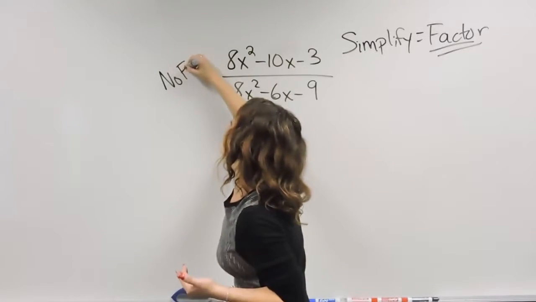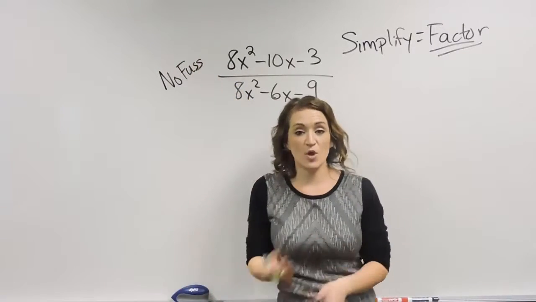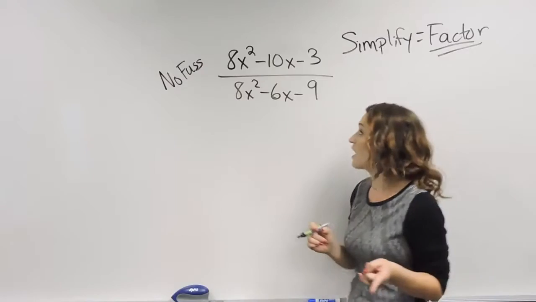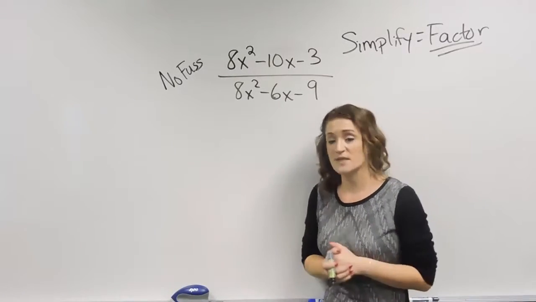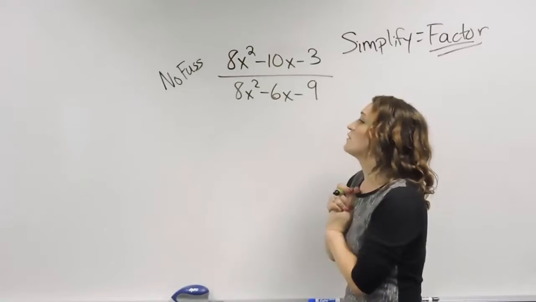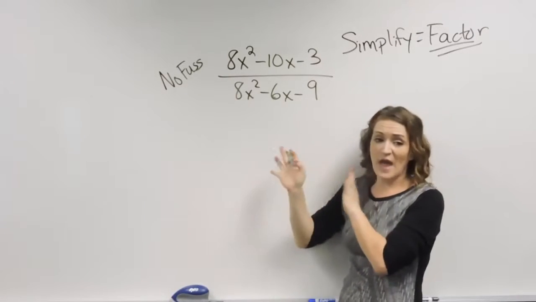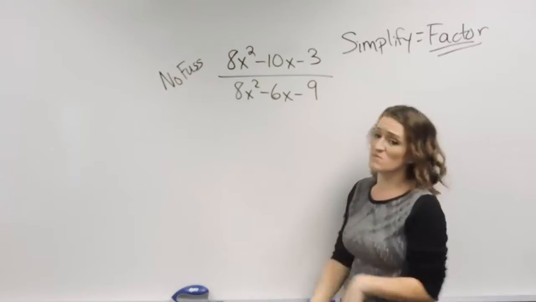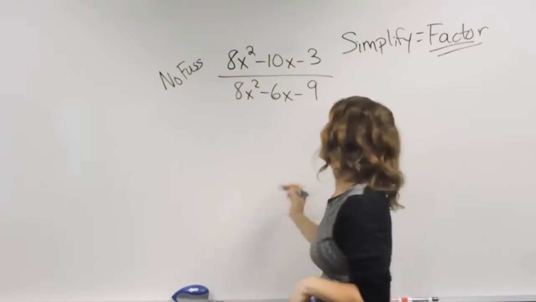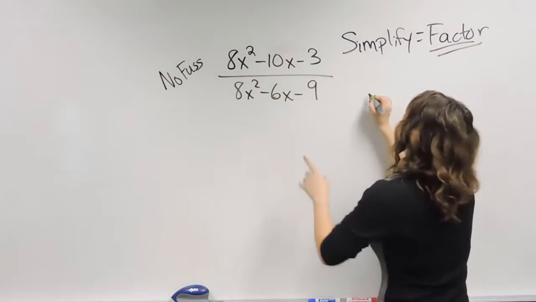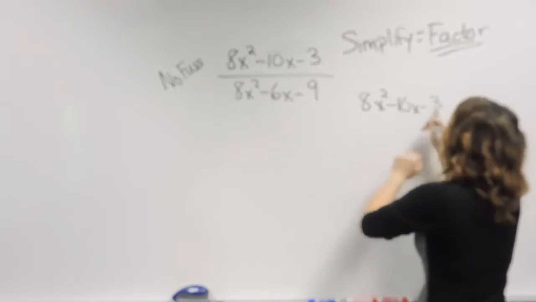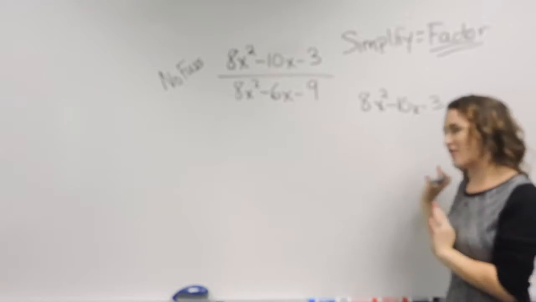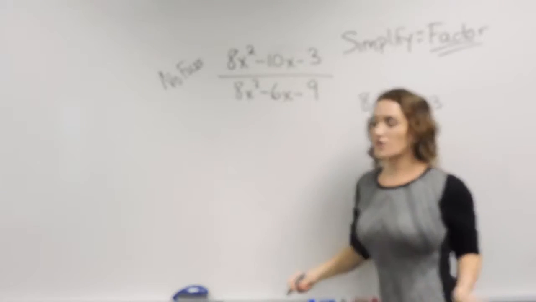If you're not familiar with the no fuss method, maybe go back and watch one of the videos on it, or maybe you know your own method for factoring trinomials. I need to factor the numerator and the denominator, so I'm going to pull out my numerator to the side so I can work on factoring it, and then I'll plug it back in over here.